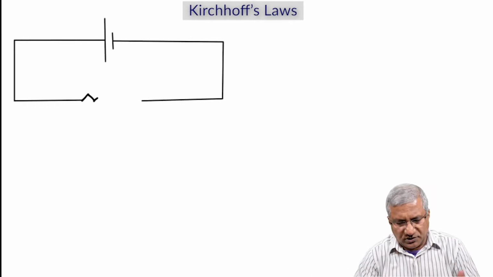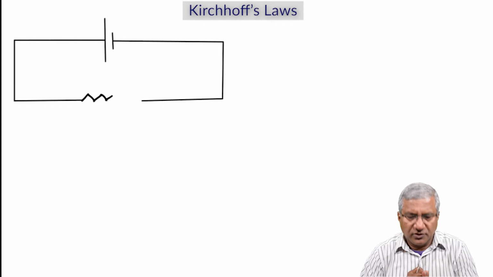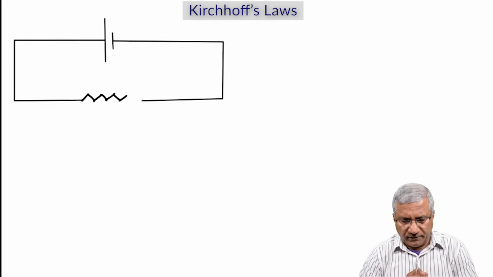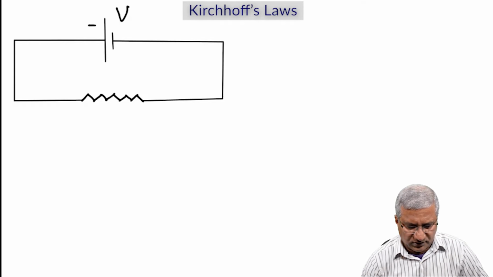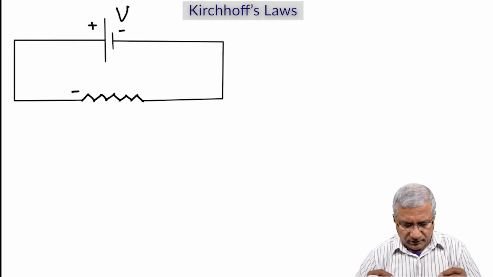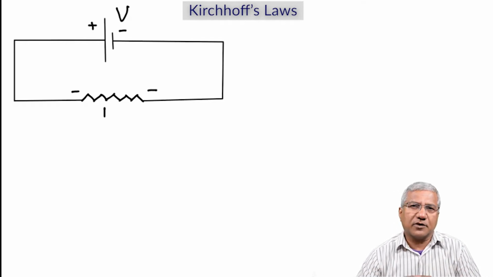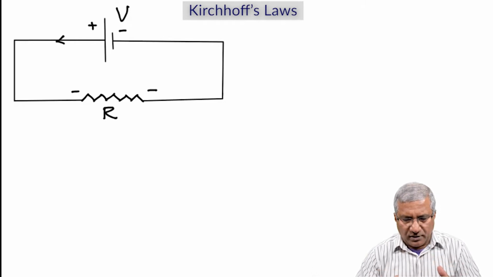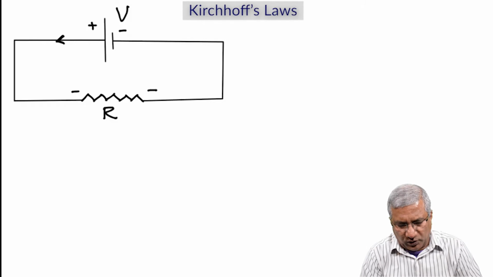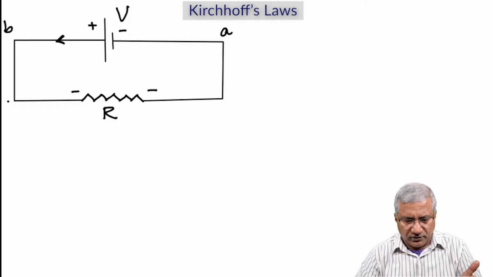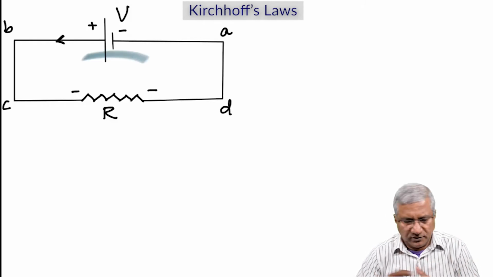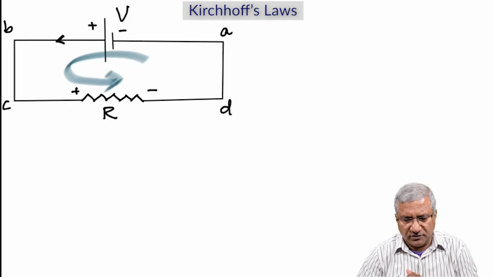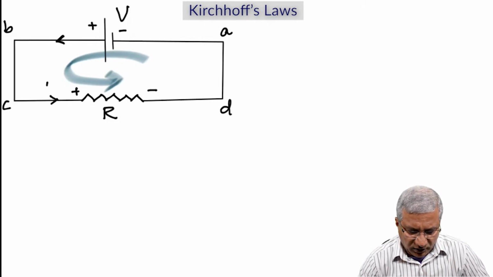So this is the original circuit that we had with that single resistor, and I'm going to add 2 more resistors there. V volts is the potential difference of the source, and I'm going to call the first resistor R1 now. Those were the points A, B, C, D, and then here is what I'm going to add.